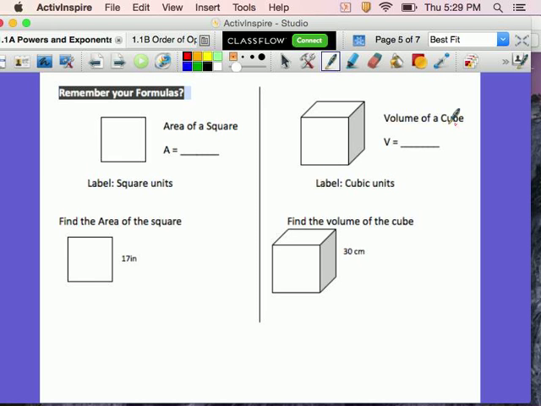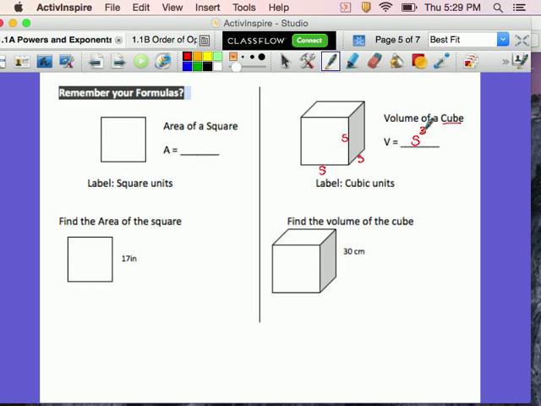A cube is special because all the sides are the same. So the side length here is S, the height is going to be S, and the width is going to be S. So all three dimensions are exactly the same. So the formula is just volume is side cubed, no matter what the side length is.